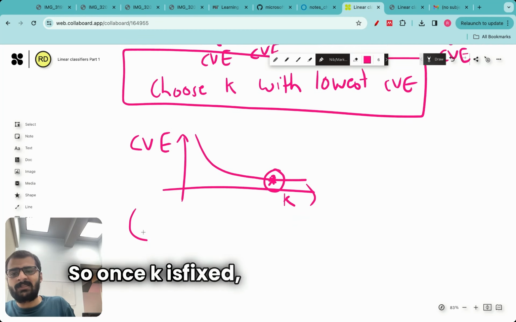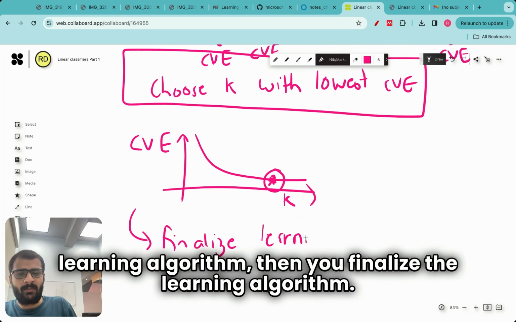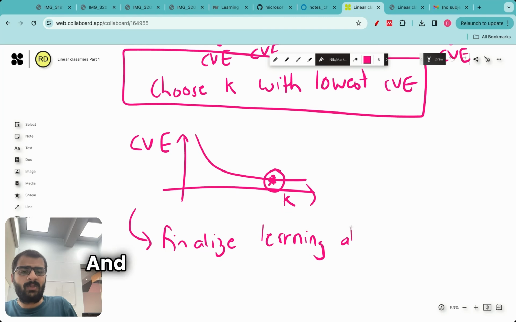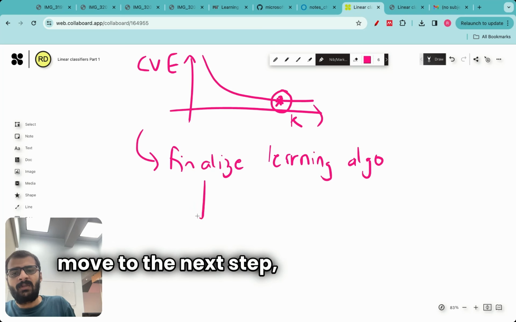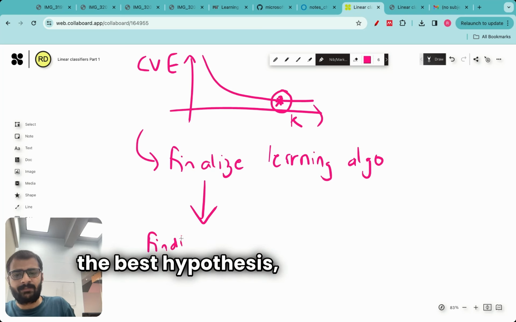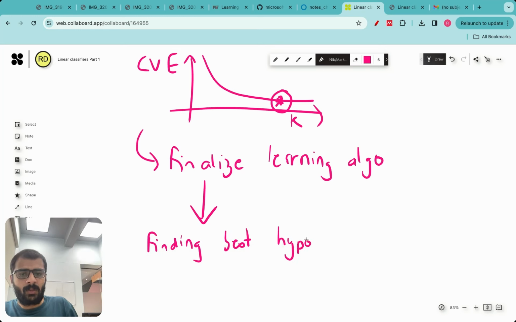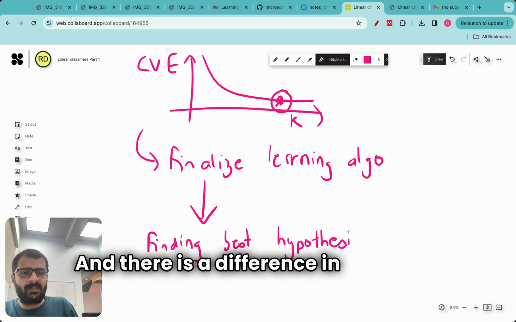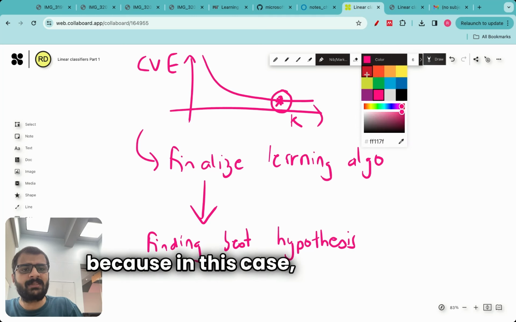So once k is fixed, you finalize the learning algorithm, and once the learning algorithm is finalized, then you move to the next step, which is basically finding the best hypothesis.